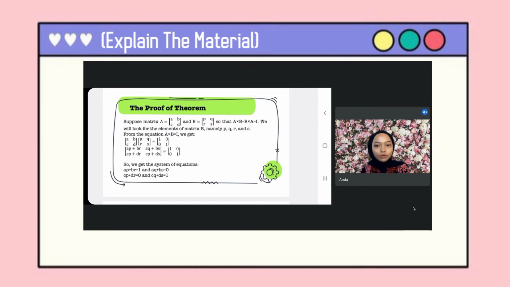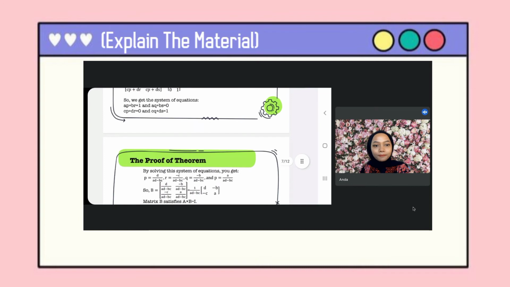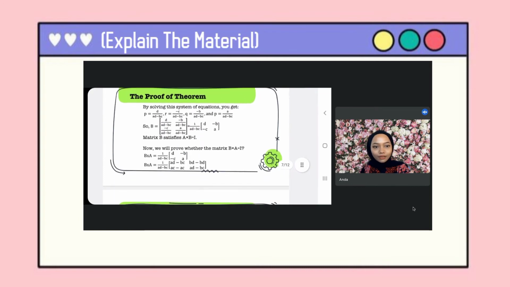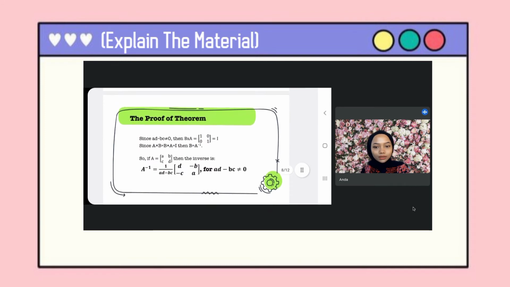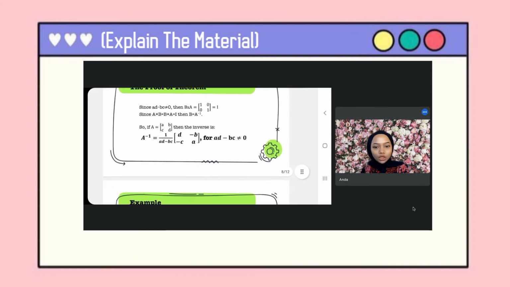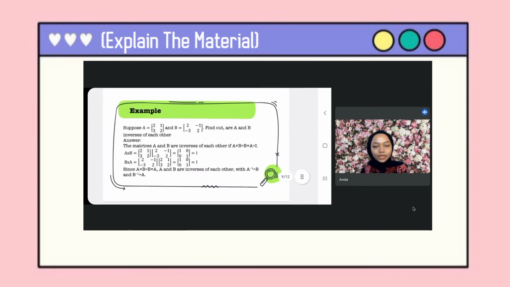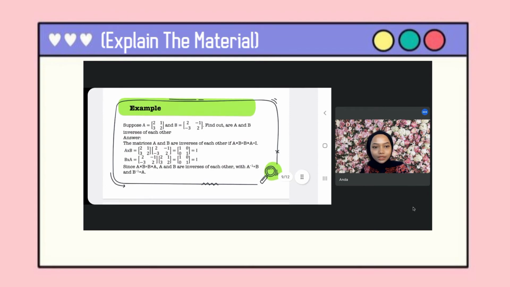So this is the proof of the theorem about the inverse of a 2 times 2 matrix. Again, please study it individually, because in the next meeting I will give you a short test about this proof. Okay, there is an example in here. You can study it.